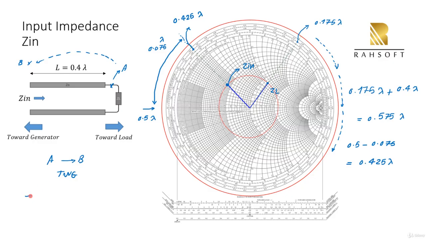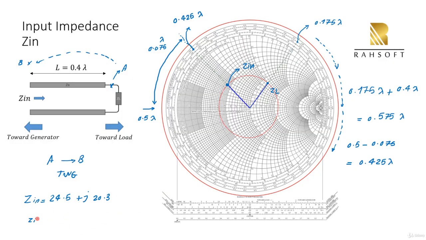And if you find your Zin on a paper, again, I suggest you use a hard copy. It's going to be approximately 24.5 plus j20.3. And this is basically the real impedance.